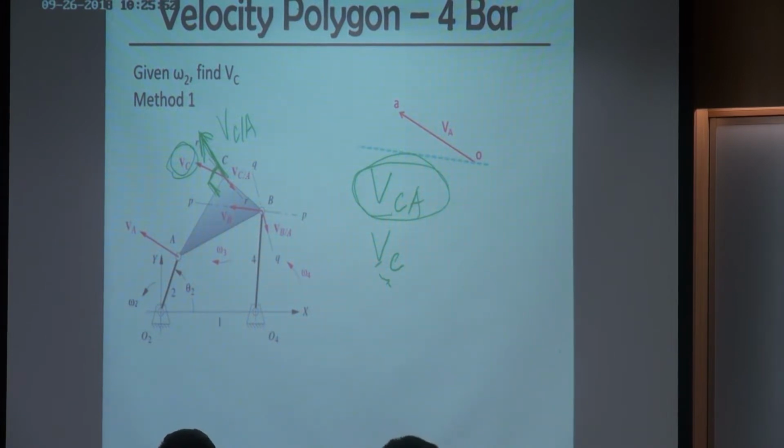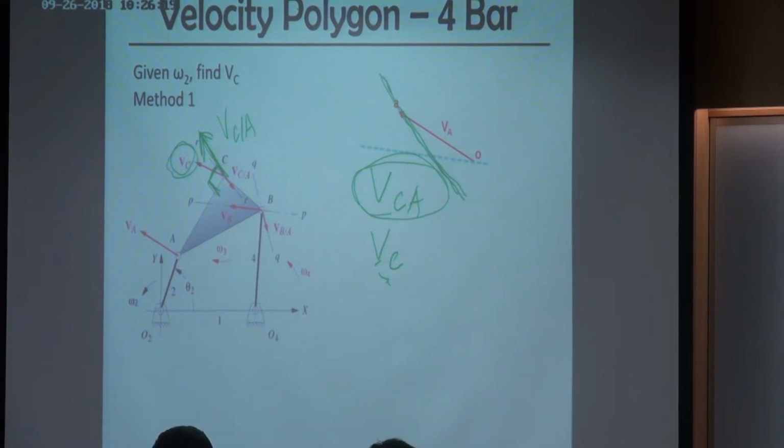If I try to find the velocity of point C, from this position diagram I know the direction of VCA. So I can already draw a line in this velocity plot.